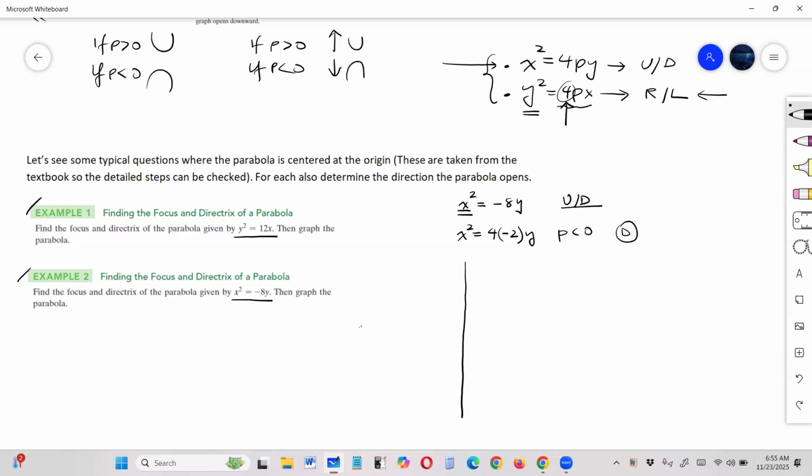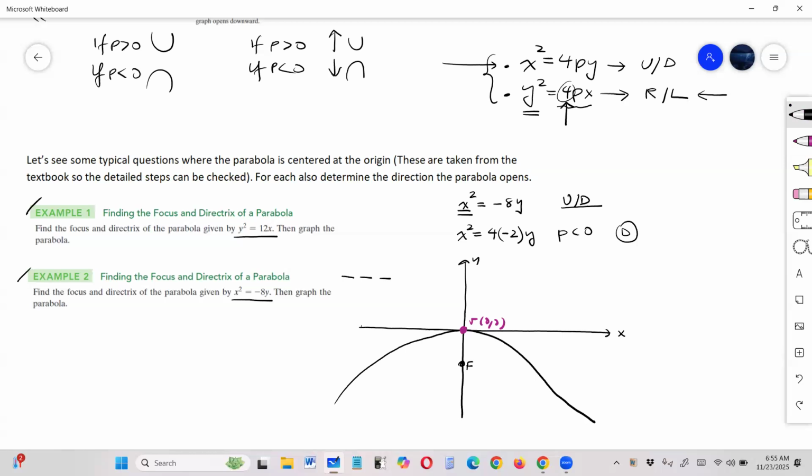So I can immediately begin the graph. So here's my parabola. The focus is always inside of the parabola. This location is the vertex, which is at 0, 0, at the origin. And the directrix is going to be opposite to the focus, always parallel to the parabola.